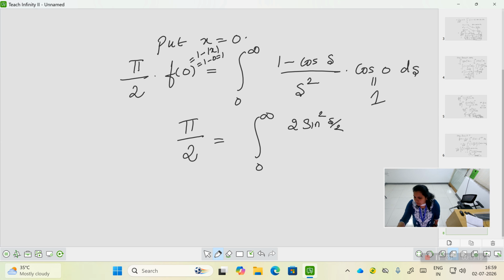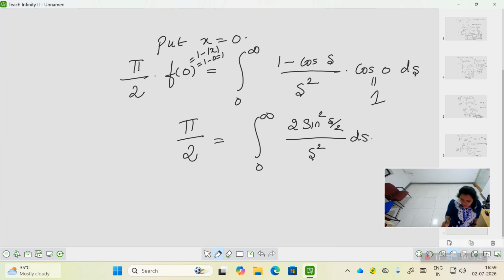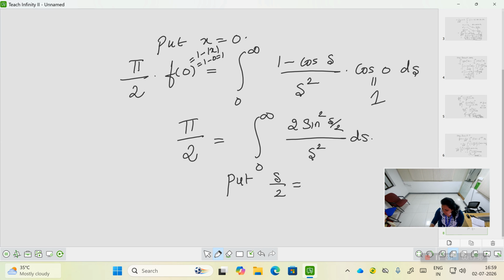0 to infinity. 1 minus cos s is what? 2 sin square s by 2 divided by s square ds. Okay. So once again you put the substitution. Put s by 2 equal to t. s equal to 2t. ds equal to 2 dt. So there is no change in the limit. So substitute here all of you.